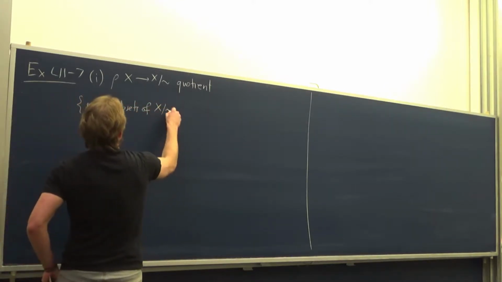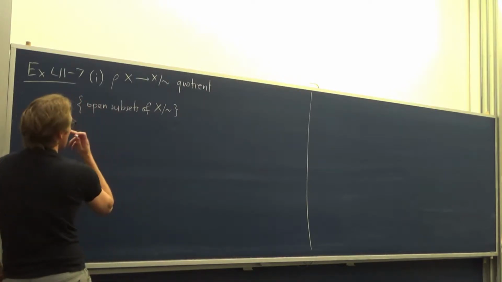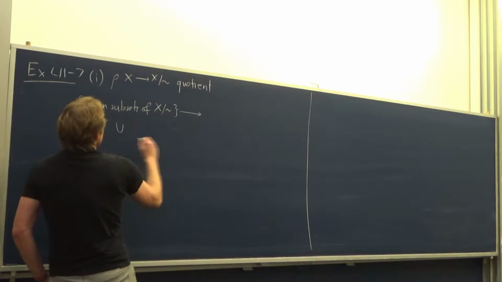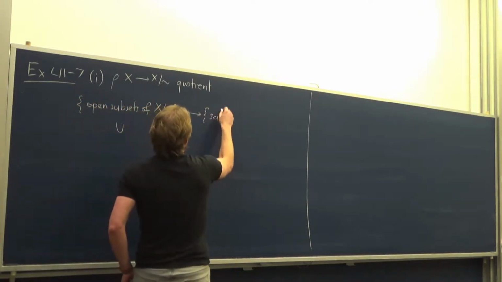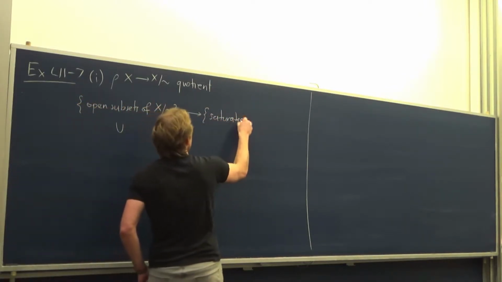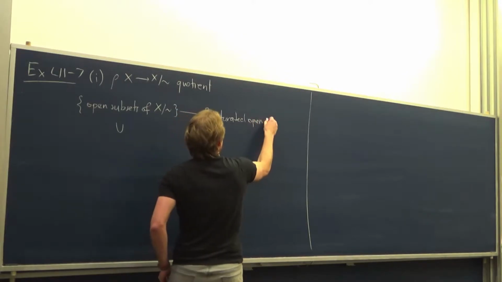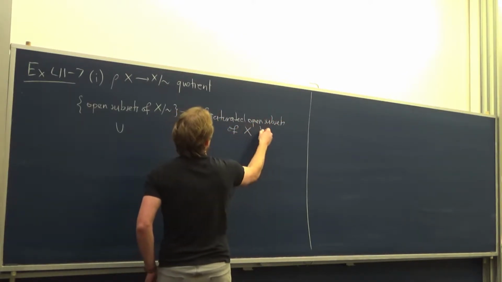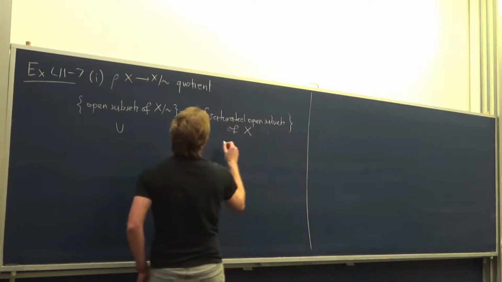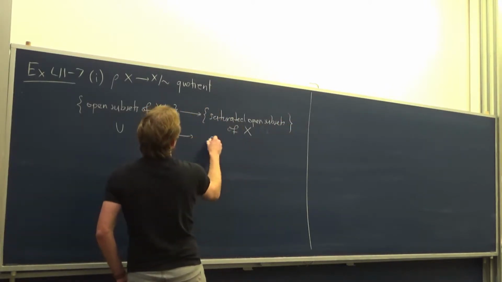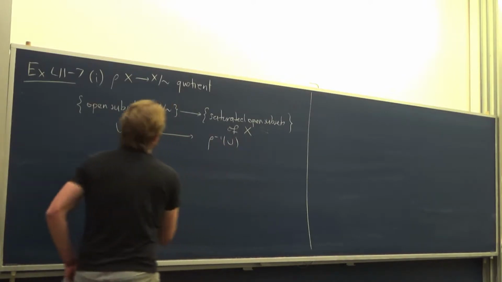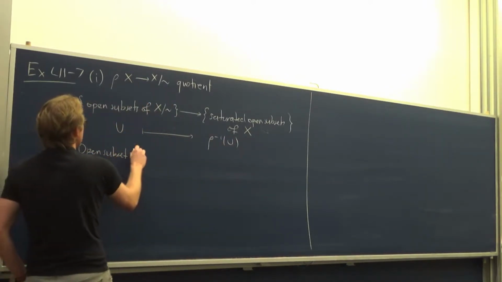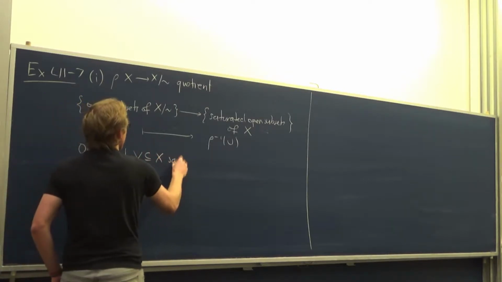open subsets of X mod tilde, and let's call those U, say, with what I'm going to call saturated open subsets of X. And that's U maps to rho inverse U. So I'm going to call an open subset, let's say V of X, saturated.